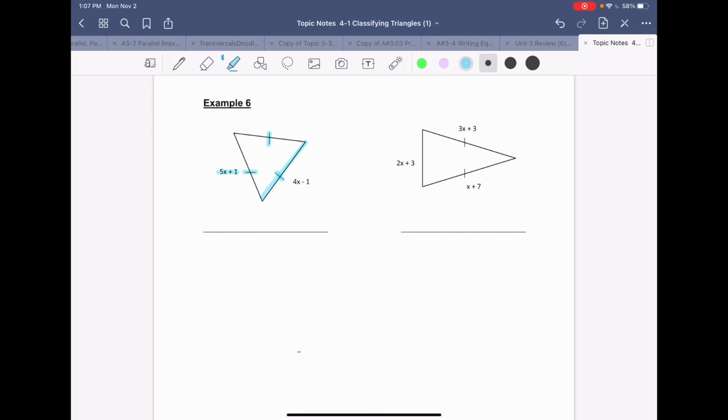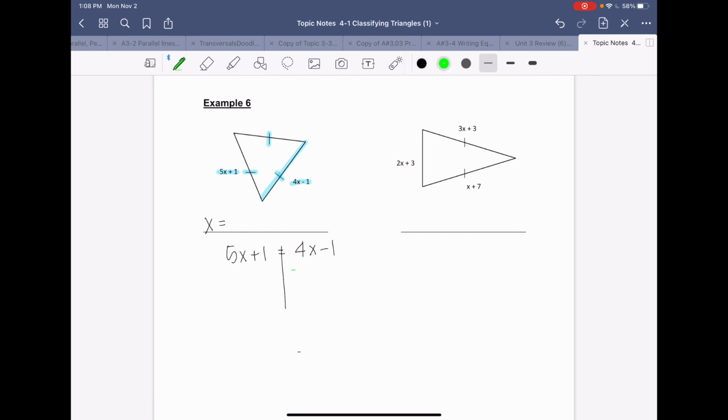So in order to figure out what x is, we need to solve for x by setting these equations equal to each other. And let me tell you why. These side lengths are equal to each other. Therefore, their values are equal to each other. Okay? So now we need to solve for x.